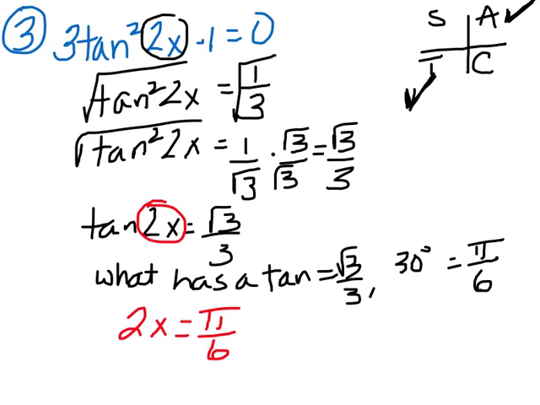Here we're just going to multiply by the reciprocal, or divide by 2, which is the same thing as multiplying by a half. And the angle I'm really talking about for x is pi over 12. So you don't mess with that 2x until after you've already figured the angle out. Then you say 2x is that angle, and then you just divide both sides by 2.